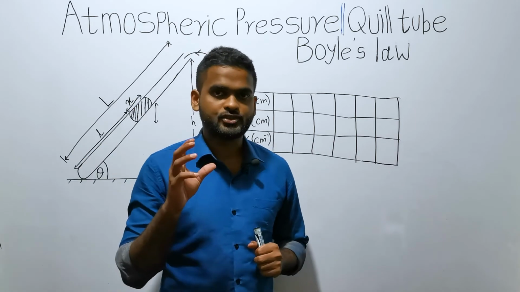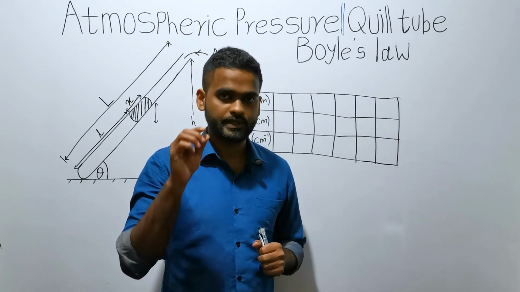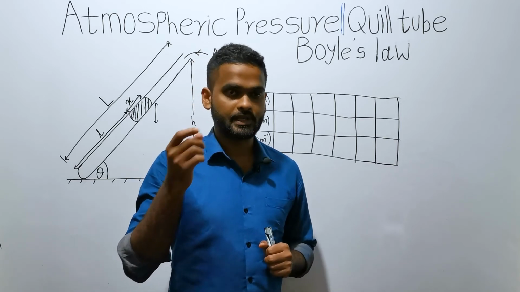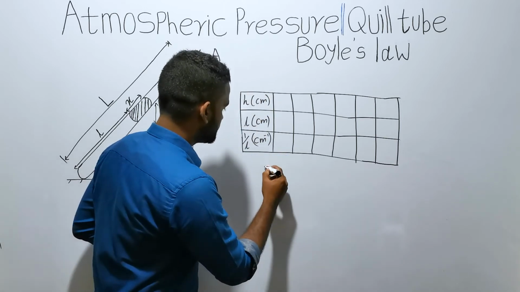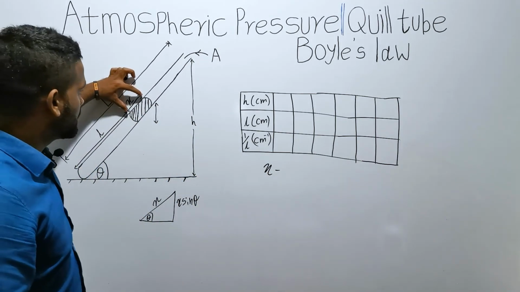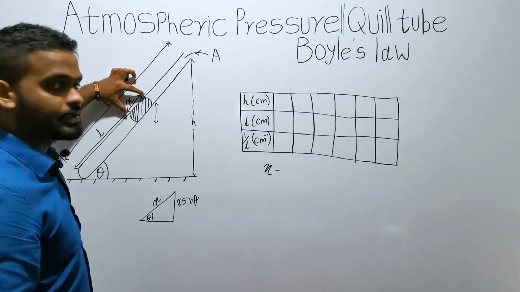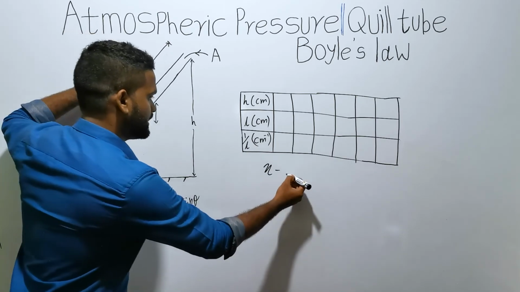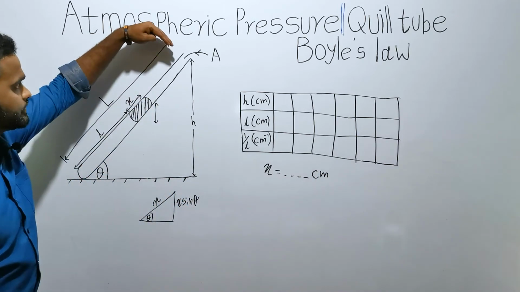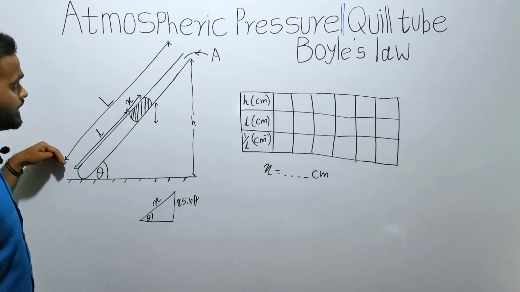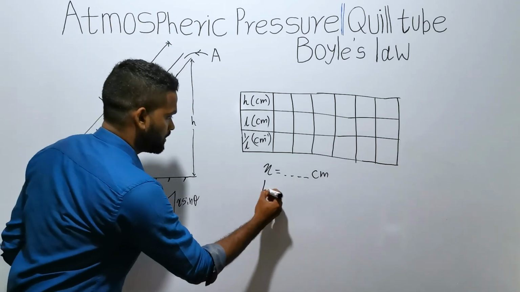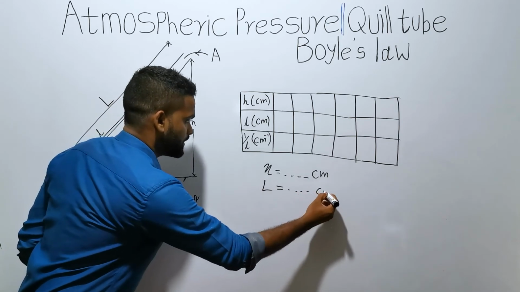Additionally, you need two more measurements, that is simple X and capital L. Simple X is the length of mercury column, and get the reading from the meter ruler and note it down here. And the other reading is capital L, that is the length of the quill tube. Note it down as well.